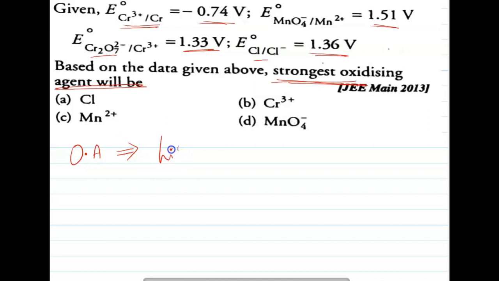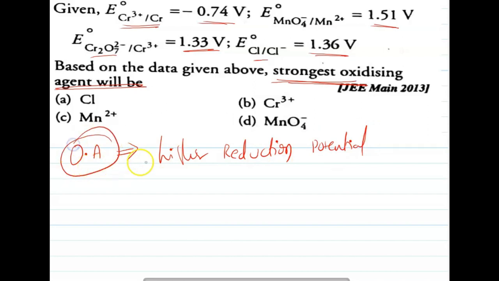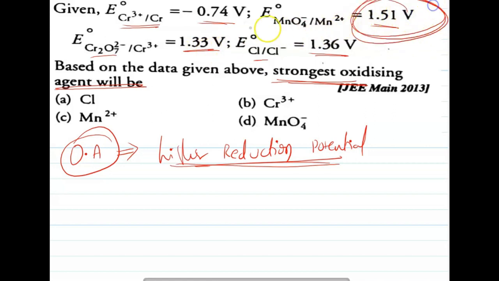So higher is the reduction potential value, greater is its capacity to oxidize. So again, which is the highest reduction potential, that will be your answer. 1.51 is given, here it is 1.33, so this is a higher reduction potential out of 4.